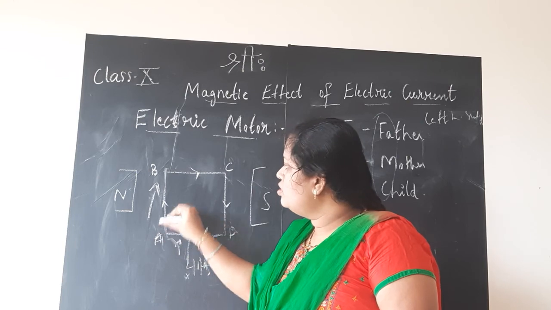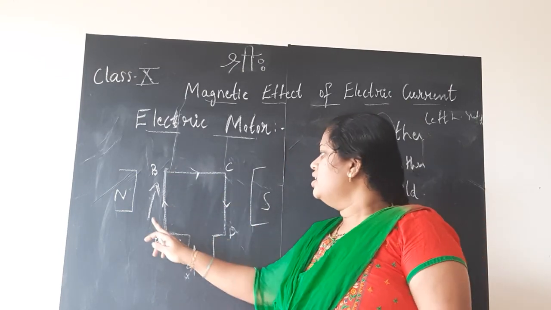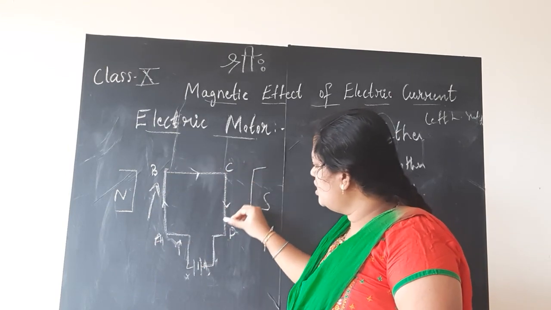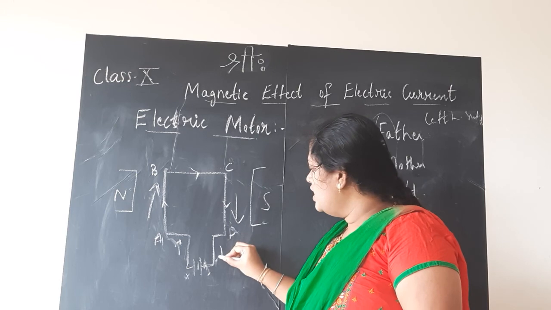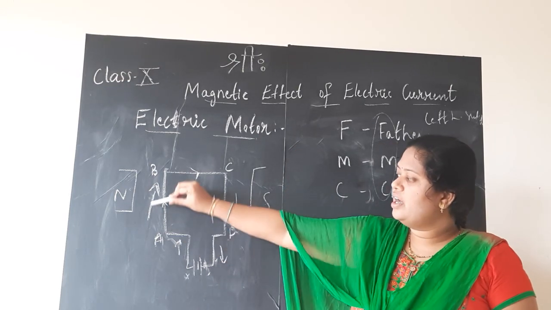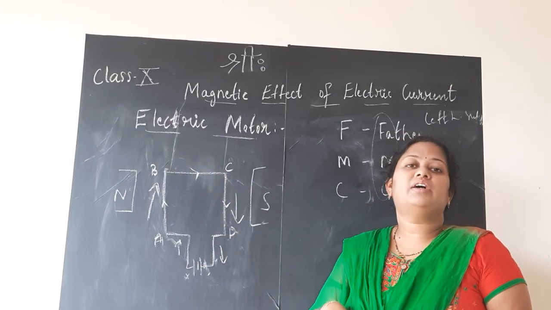Now, through the arm AB of the conductor, the current is flowing in the inward direction. It goes in this direction and through the arm CD, it is coming out, flowing in the outward direction. Into the arm AB in the inward direction, out of the arm CD in the outward direction.